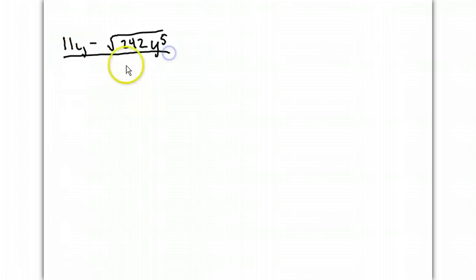So let's look at one last one. Let's say we have 11y and we're subtracting from it the square root of 242y to the 5th, divided by 22y. Well, if you look at 242, you do the tree, and that's 2 times 141.